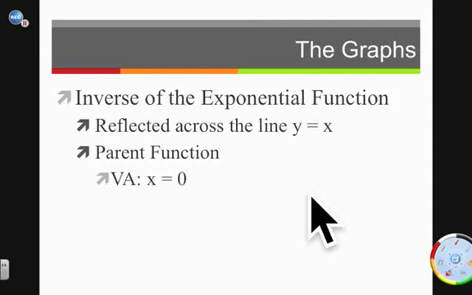Whatever parent function you're using, the vertical asymptote is x equals 0. That should be obvious because the exponential function had a horizontal asymptote of y equals 0, and it's reflected across the line y equals x and becomes the line x equals 0.